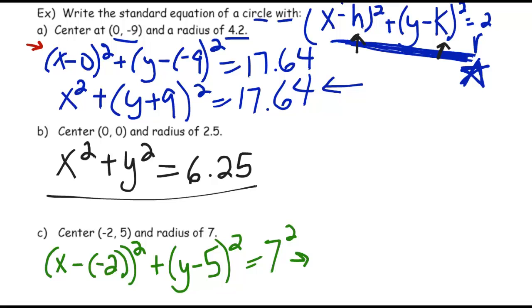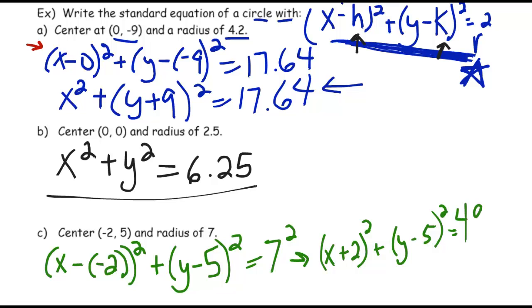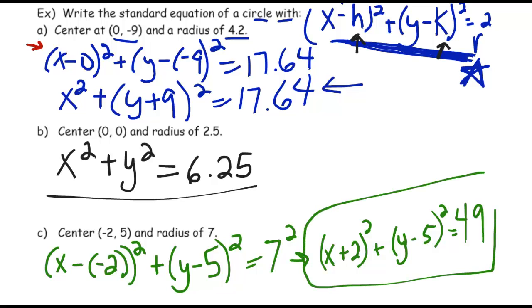So clean that up, and we get x plus 2 squared plus y minus 5 squared equals 7 squared, which is 49. And there's the equation of that circle.